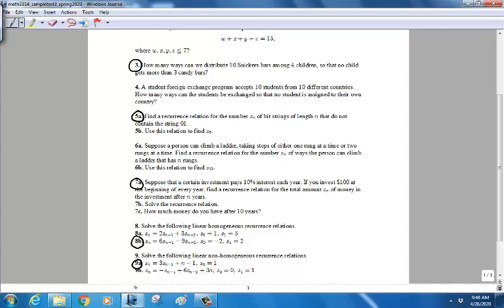Let's look at another problem that we can solve with a recurrence relation. It's not really a counting problem per se, but it is a nice recurrence relation problem. Okay. So here we have a description of a quantity that we want to determine with a recurrence relation, and then instead of just applying the recurrence relation, we're actually asked to solve the recurrence relation.